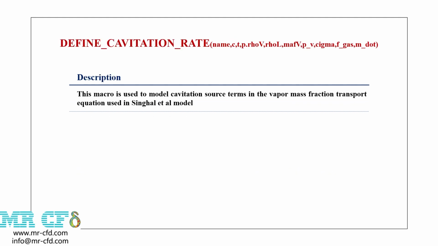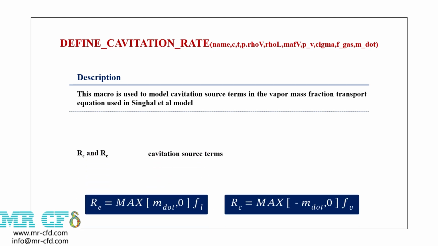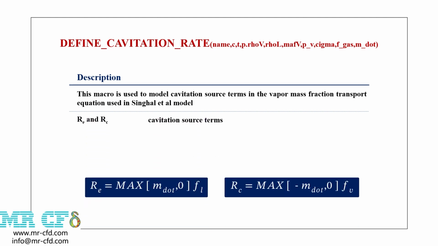Now let's examine a few examples of these multiphase macros. For instance, the DEFINE_CAVITATION_RATE macro is used to model the cavitation source terms in the vapor mass fraction transfer equation. This macro is used to estimate the phase change rate between liquid and vapor when cavitation occurs.